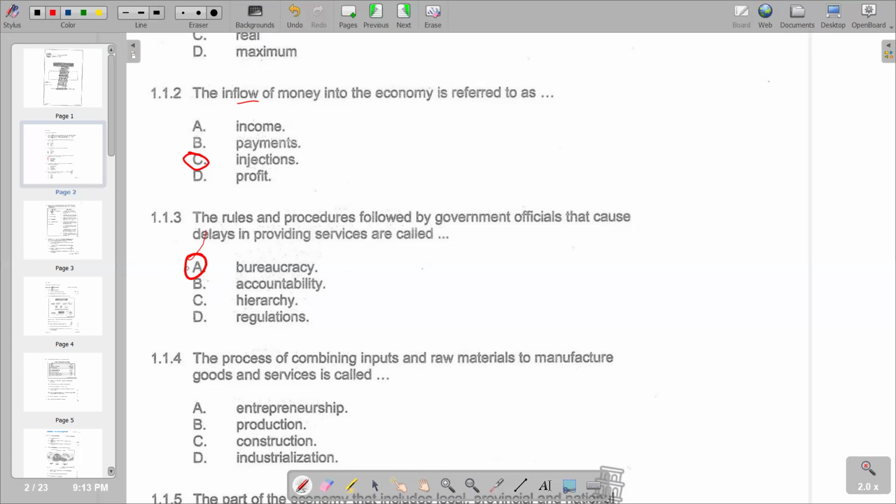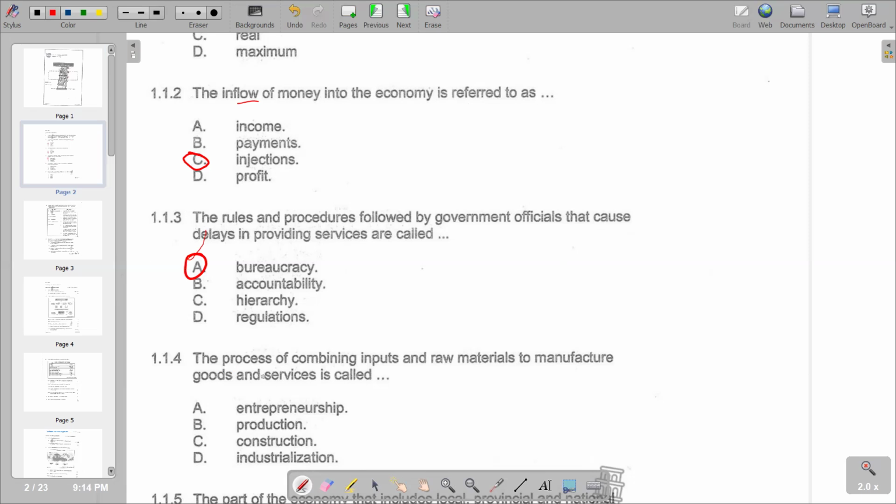So you're going to see that there are complex rules and regulations inside the issue of bureaucracy. That's why we have there an explanation that causes delays in providing services. So the complex rules and regulations and also procedures are the ones that are activating the delays. So this is what we have in terms of 1.1.3.